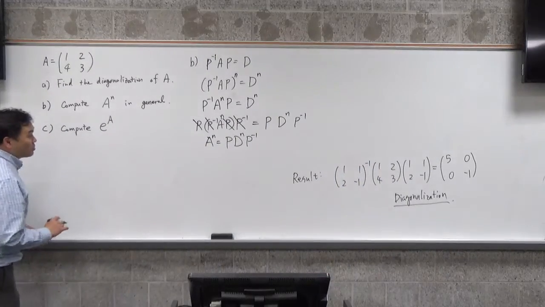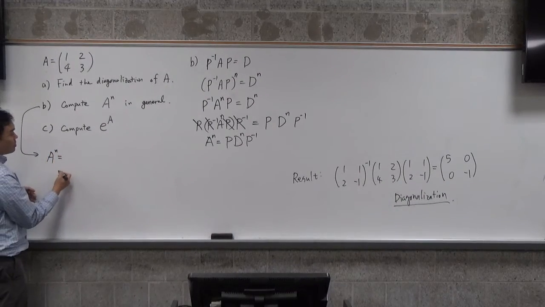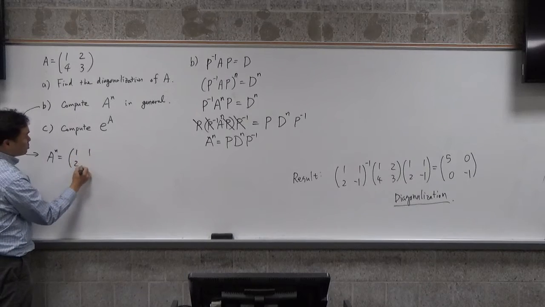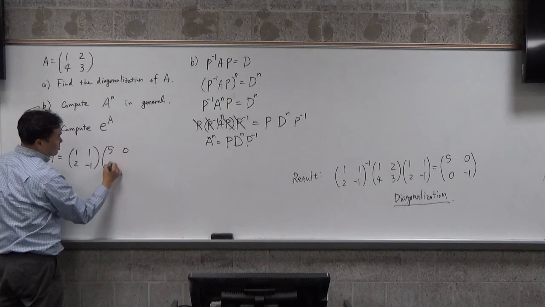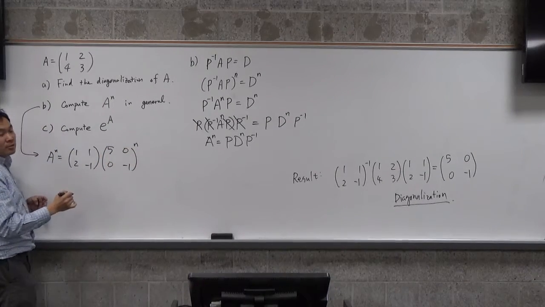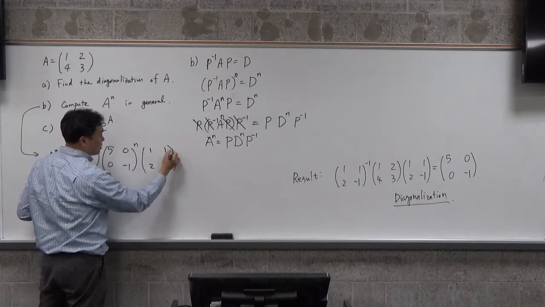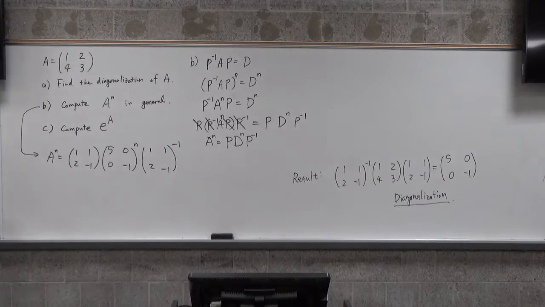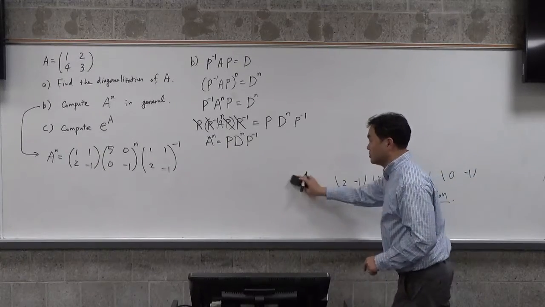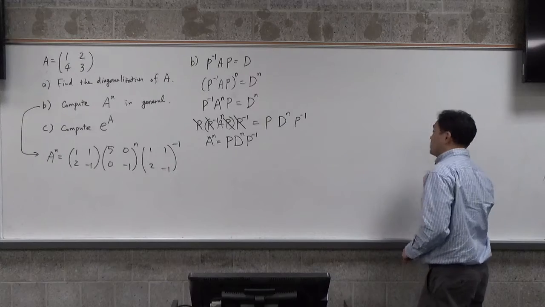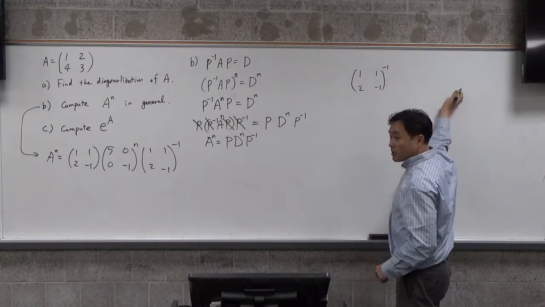Okay, so let's compute this. The answer to B would be A to the n is equal to 1, 1, 2, negative 1 times 5, 0, 0, negative 1 to the nth power times 1, 1, 2, negative 1 inverse. If I compute this, that's the answer in general. Which means I need to know what the inverse of 1, 1, 2, negative 1 is.